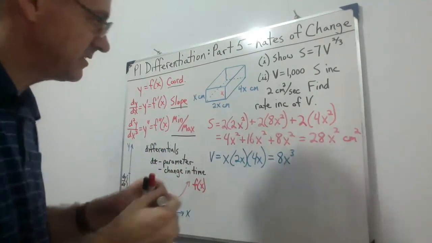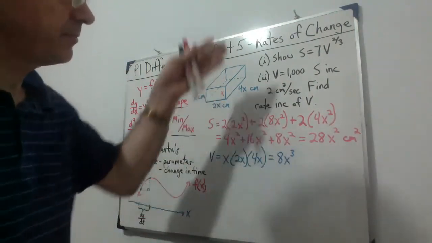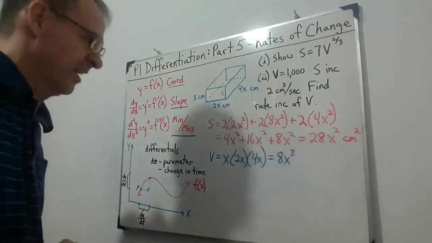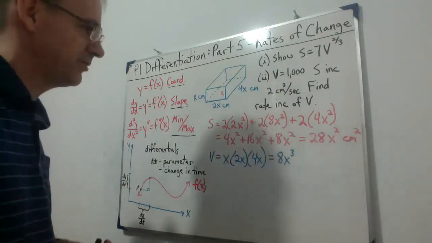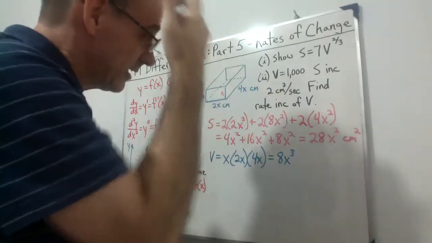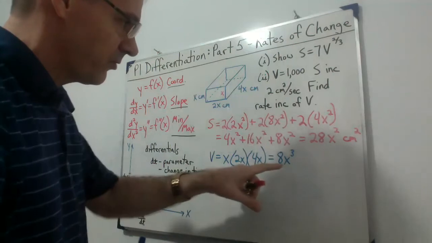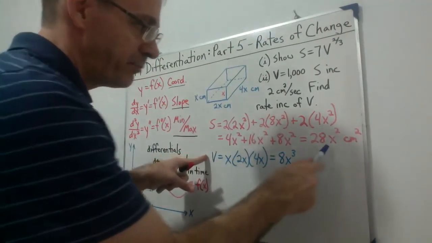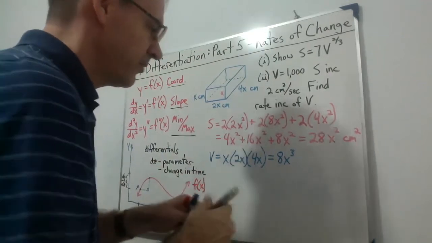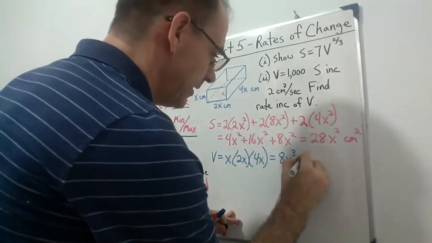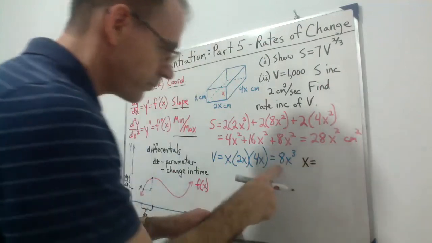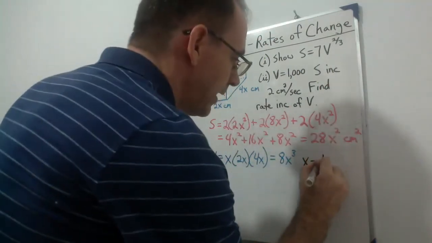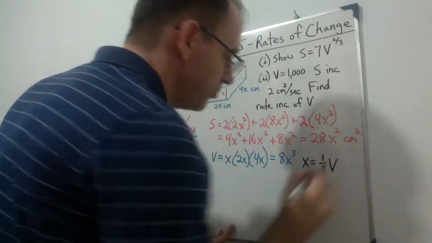Now it wants us to make a relationship between the surface area and the volume. So what we can do is we can solve for x in terms of volume and plug it in here. So if we solve for x, if we get x by itself, we first have to divide by 8. So that's 1/8 of the volume.